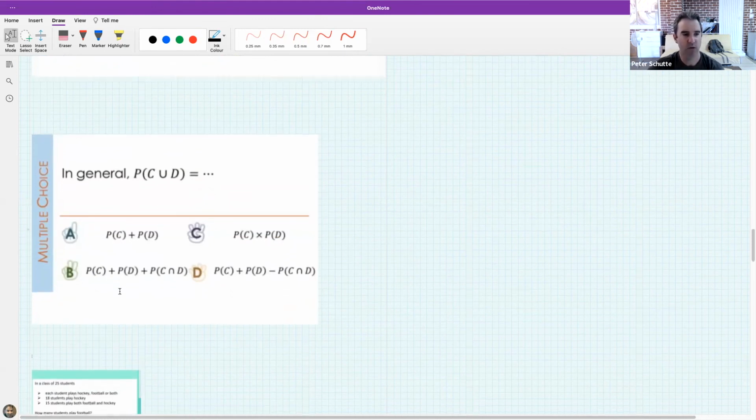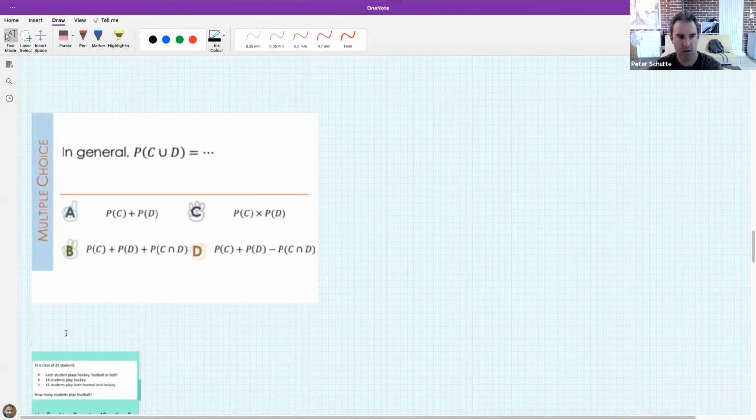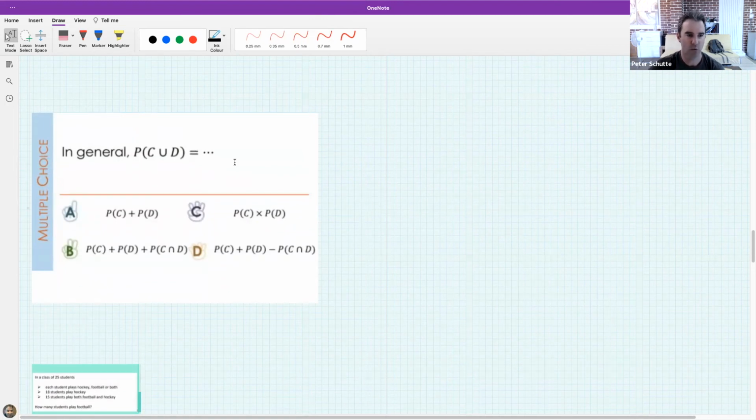In general, this is equal to what? Now, just to show you, the happy face is "or". The unhappy face is "and".